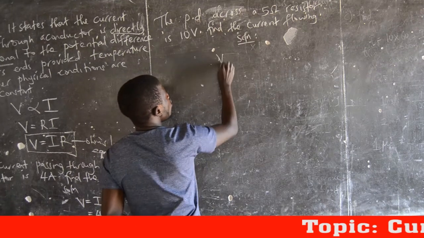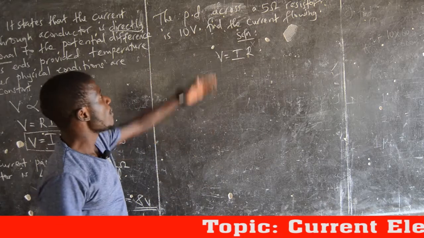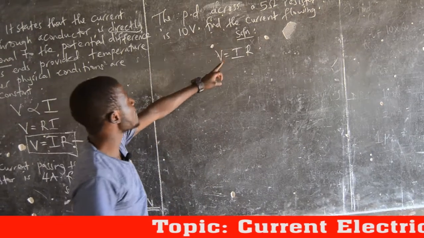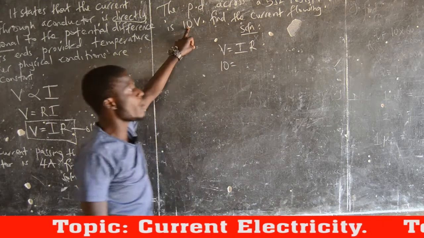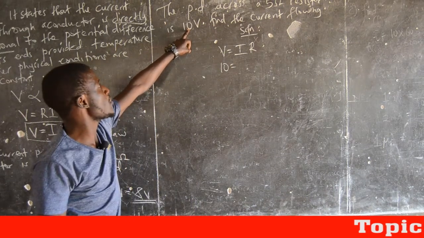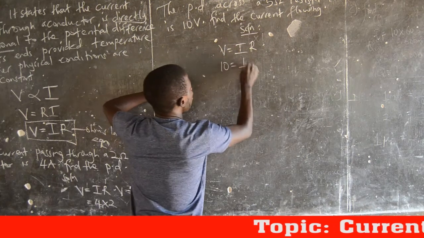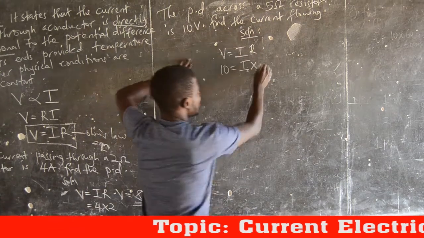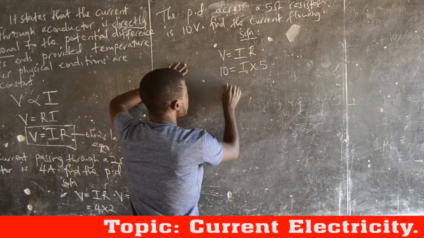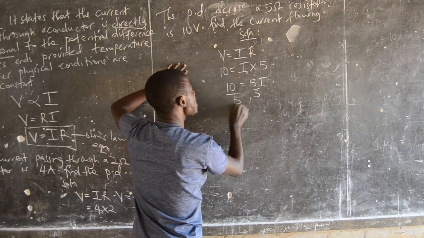Remember our Ohm's law, V is equal to current times resistance. According to that, we have the voltage which is 10. This is our PD across the 5 ohm resistance, 10 volts. That's the voltage. Then our current, the one we are looking for, times the resistance, 5 ohms. Therefore, 10 is equal to 5 I. I divide by 5, divide by 5.